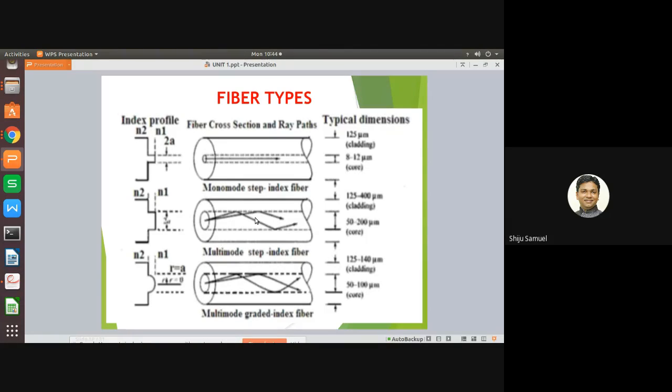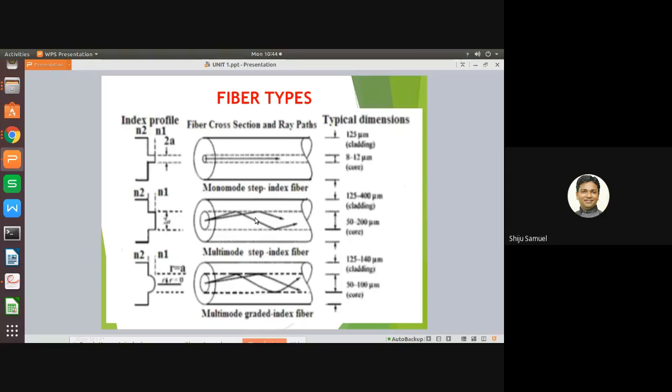Okay, so our second type, under this step index fiber, another type is the multi-mode step index fiber. So in the second diagram, it is the multi-mode step index fiber. Multi-mode step index fiber, that means what? Again, we observe here in the multi-mode step index fiber that its core diameter is mentioned as 50 to 200 micrometer.